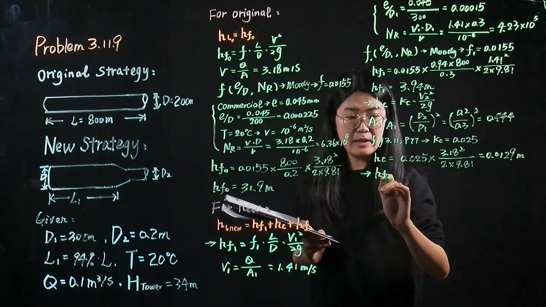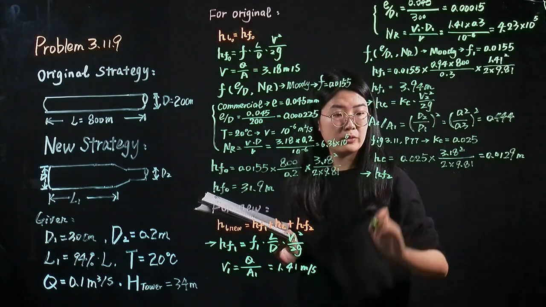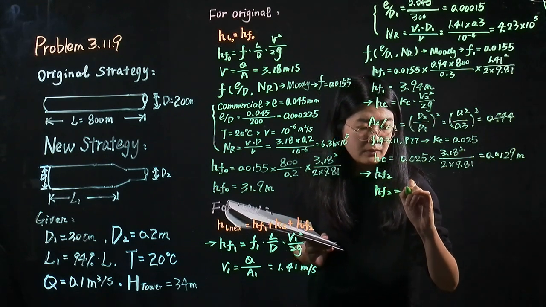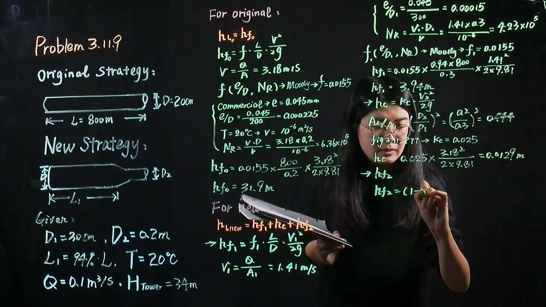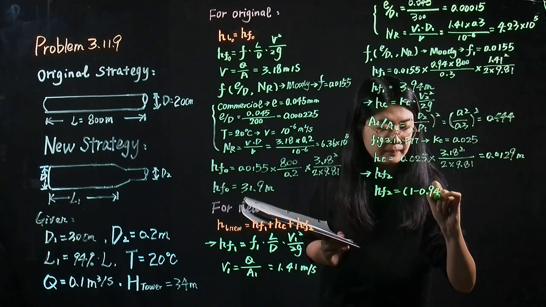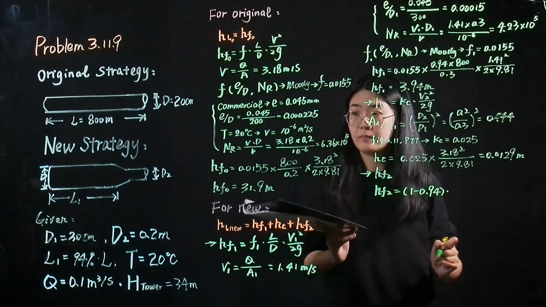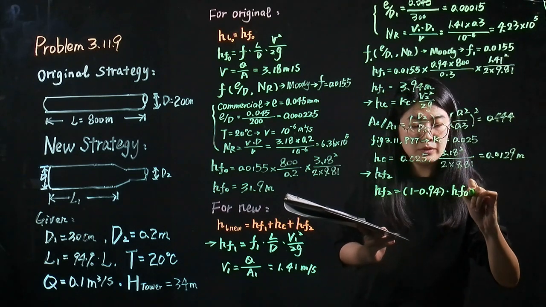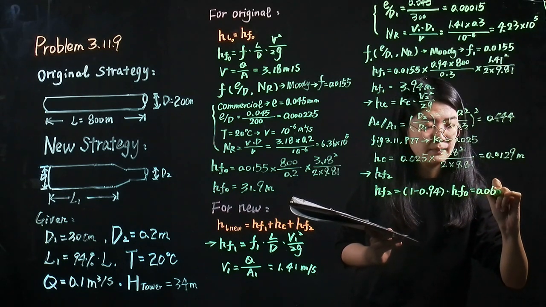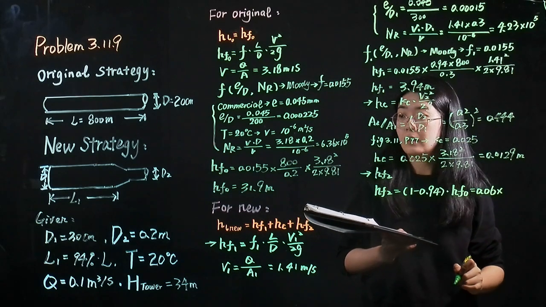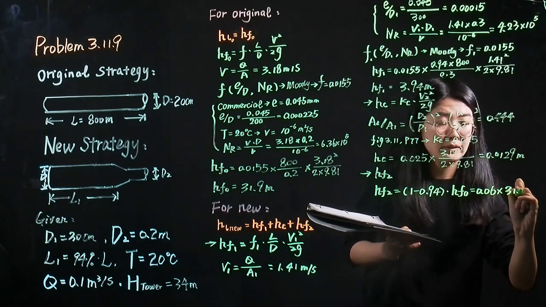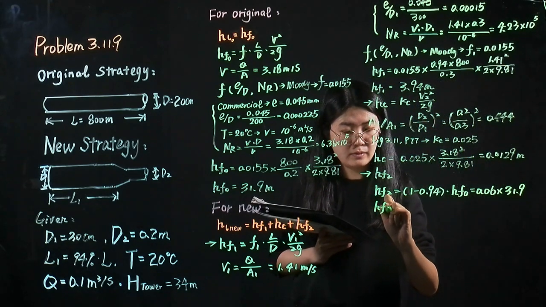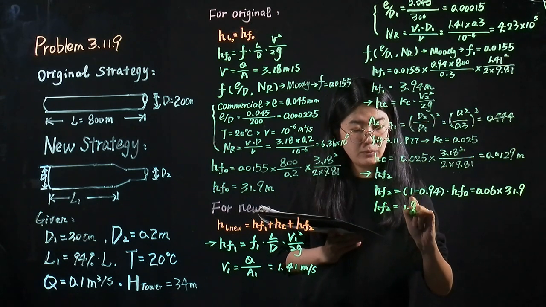So HF2 should equal 1 minus 0.94 times HF0, which is 0.06 times 31.9. HF2 is equal to 1.91 meter.